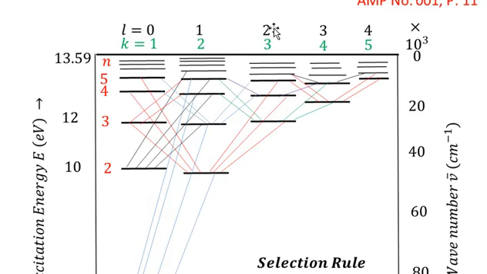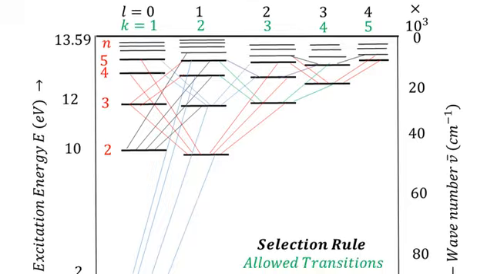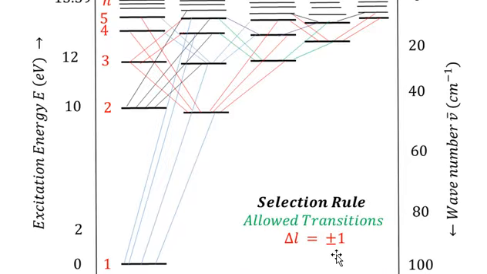And similarly, when L is equal to 2, the transition from any level corresponding to L is equal to 2 to all other levels of L is equal to 2 is not permitted, because under that condition delta L will be equal to 0. And you see that delta L equal to 0 is not allowed, because delta L has to be equal to plus minus 1.